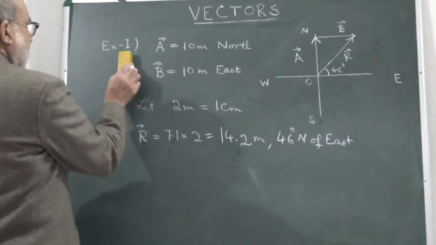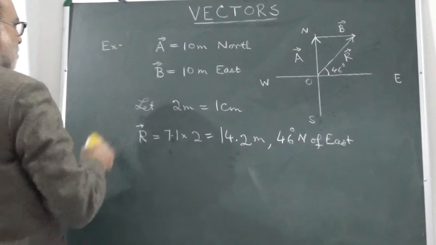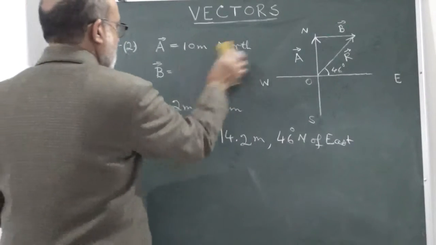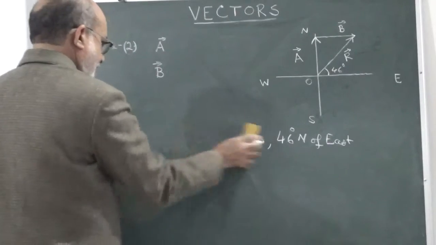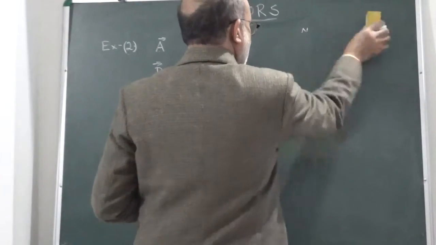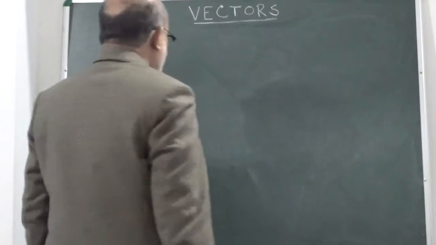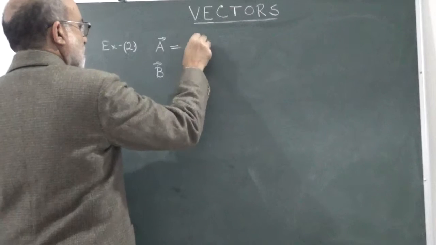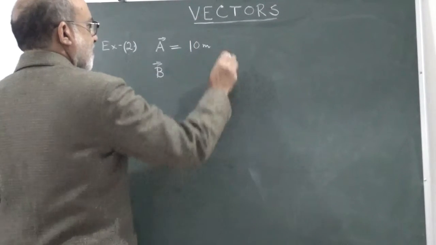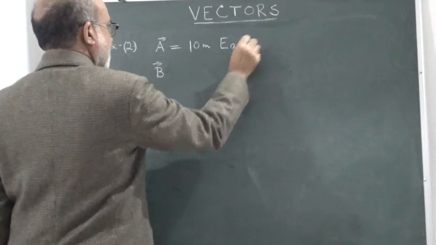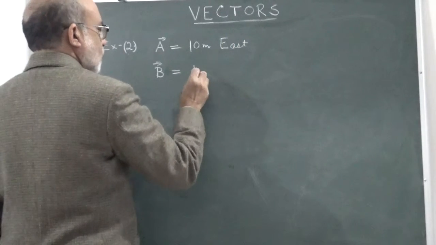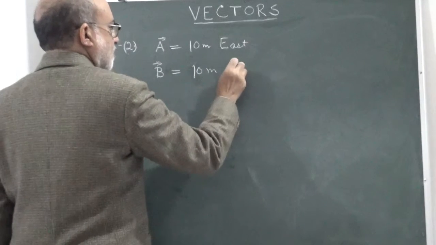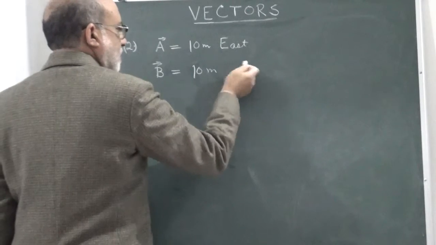Now let us take another example, example 2. A is 10 meter east and B is 10 meter northeast.